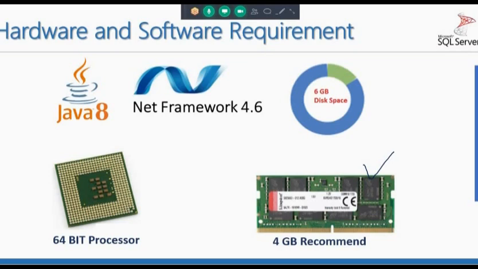The minimum is 4 GB RAM available on the machine. Then the minimum disk space should be 6 GB. The processor should be 64-bit. And then there should be Java and .NET Framework 4.6. These are the requirements you should take care of before you plan to install SQL Server.